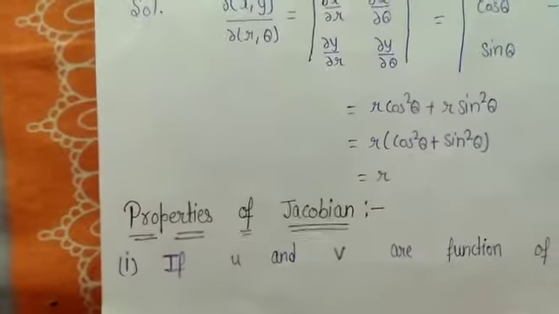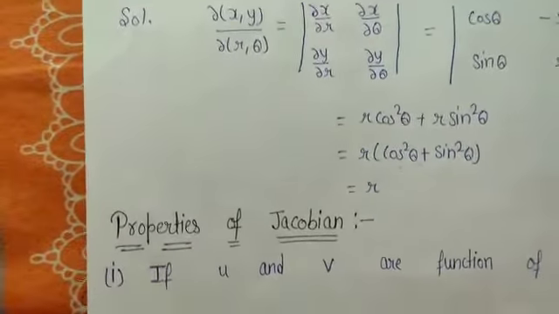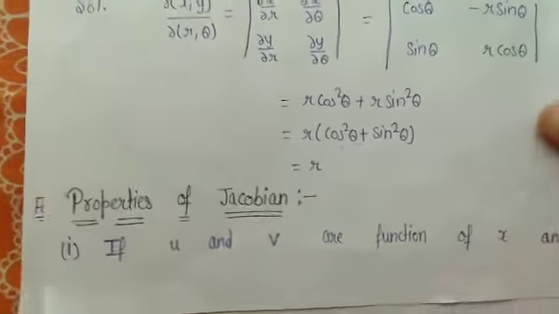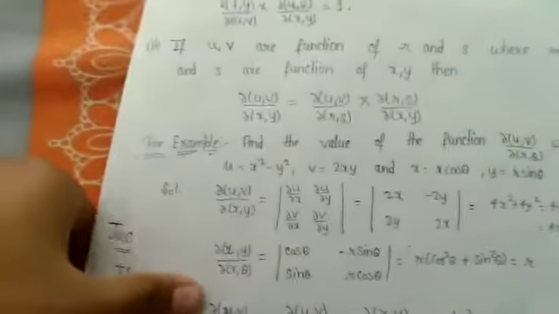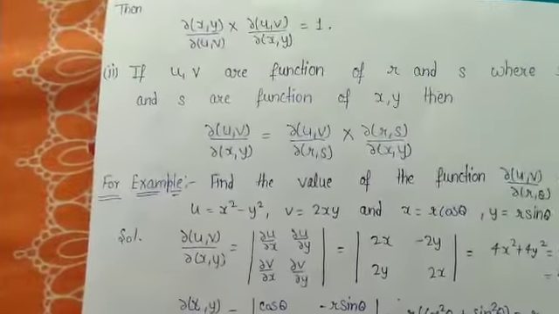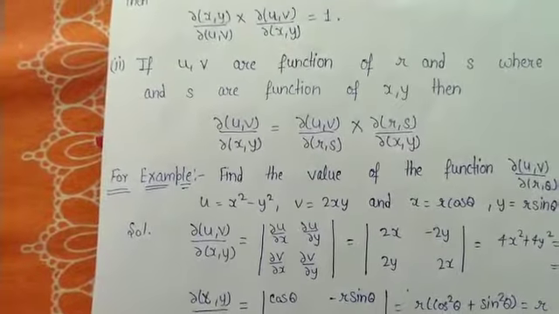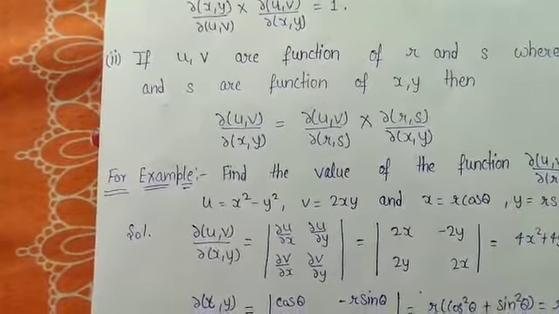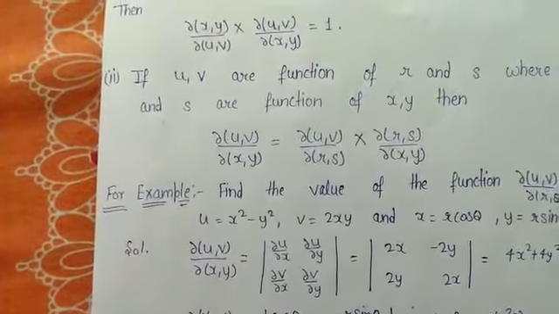Now properties of Jacobian. If u and v are functions of x and y, then Jacobian of x, y with respect to u, v multiplied by Jacobian of u, v with respect to x, y is equal to 1.